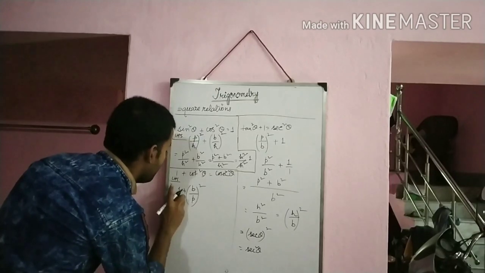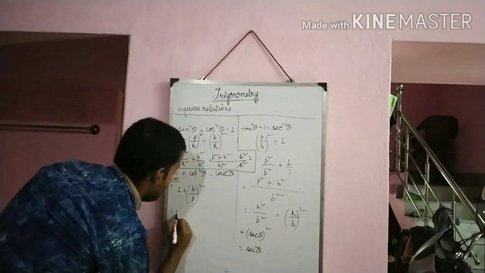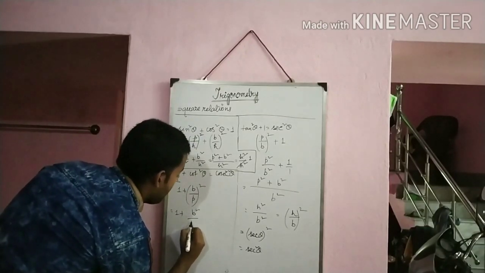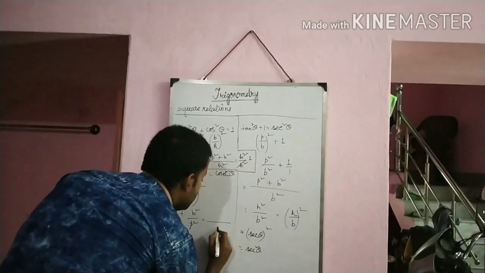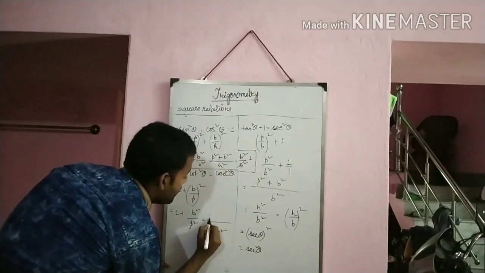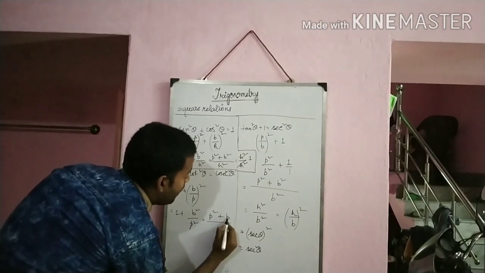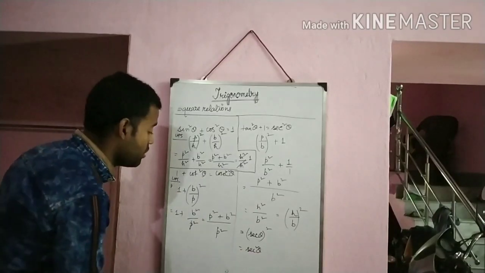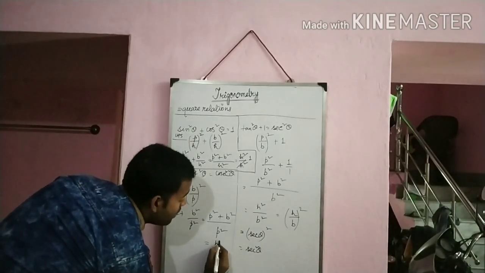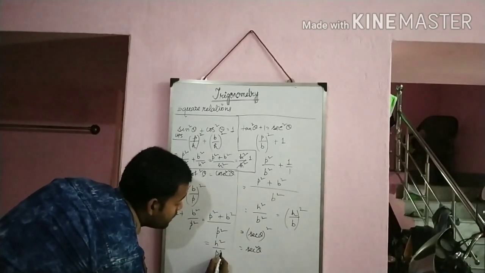So what do we get? We get 1 plus base square by perpendicular square. Again we will do the LCM. After doing the LCM, it becomes p square in the denominator, and the numerator will become perpendicular square plus base square. Now again according to Pythagoras Theorem, we have perpendicular square plus base square equal to hypotenuse square.